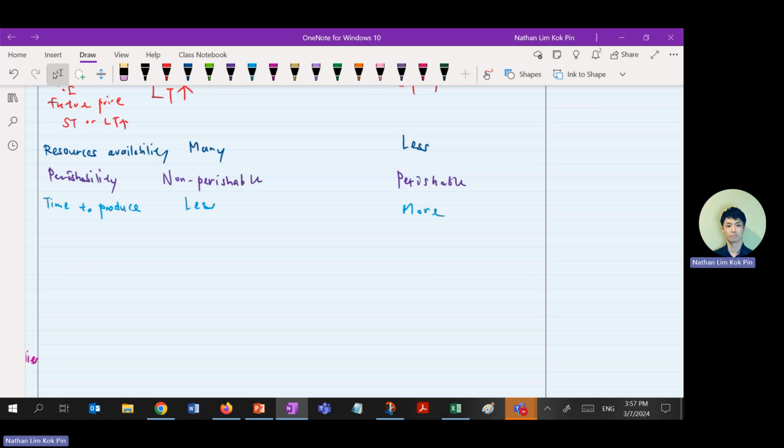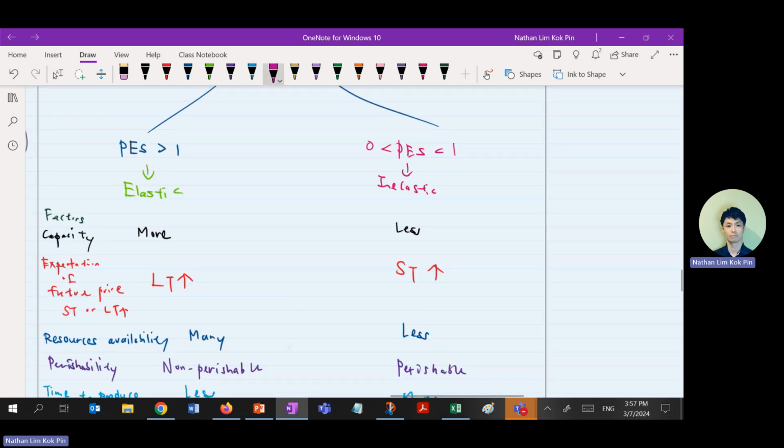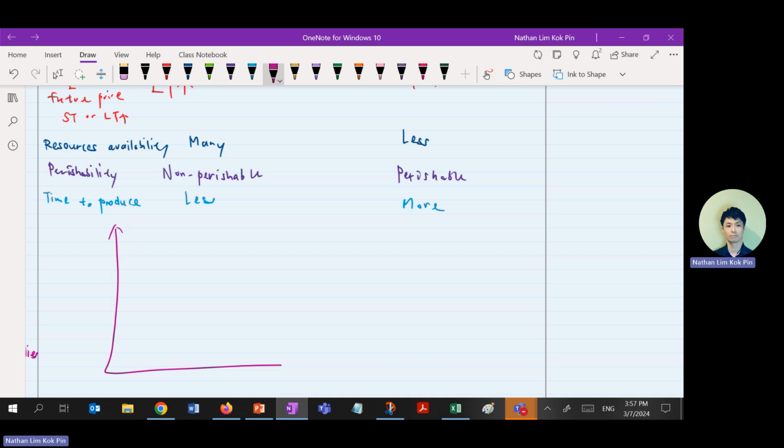Okay, take note. For elastic supply, we have to draw an upward sloping curve, but it looks like an E, right? Just now I used what? Buttocks. Okay, buttocks cannot, because buttock is perishable. Let me use marinated buttocks. See?